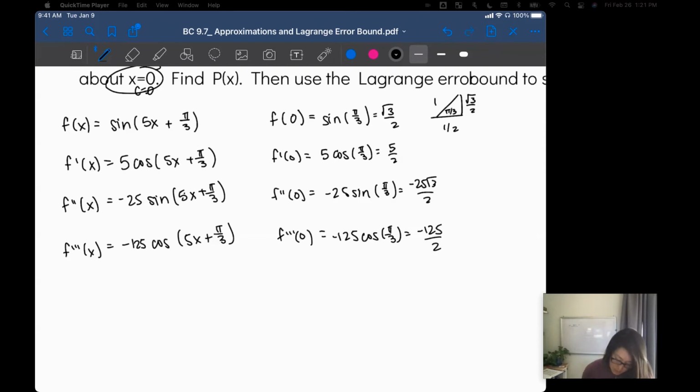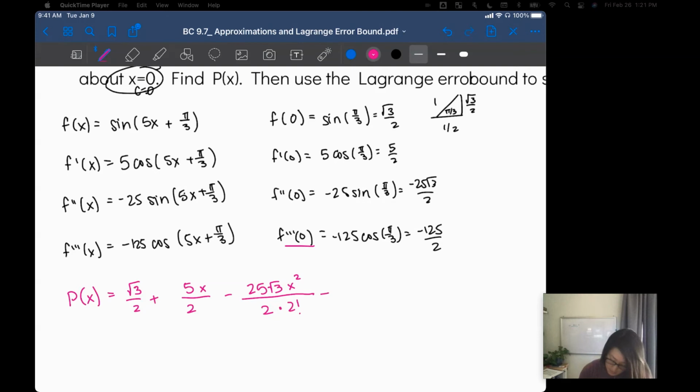All right, we can write our polynomial. So p of x is equal to, it has to be to the third degree, so that means I need to take the third derivative. f of 0 is root 3 over 2 plus first derivative at 0 is 5 over 2 times x, plus, actually it's minus 25 root 3 over 2 times x squared over 2 factorial, okay?